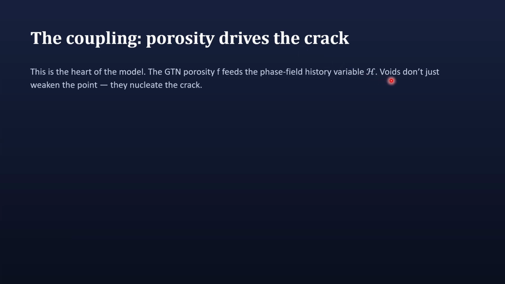Okay, so voids don't just weaken the material, they nucleate the crack. If you remember, in the previous video I talked about crack nucleation and how we are not considering it in the porosity growth equation, right? We will be considering nucleation of the crack through phase field.